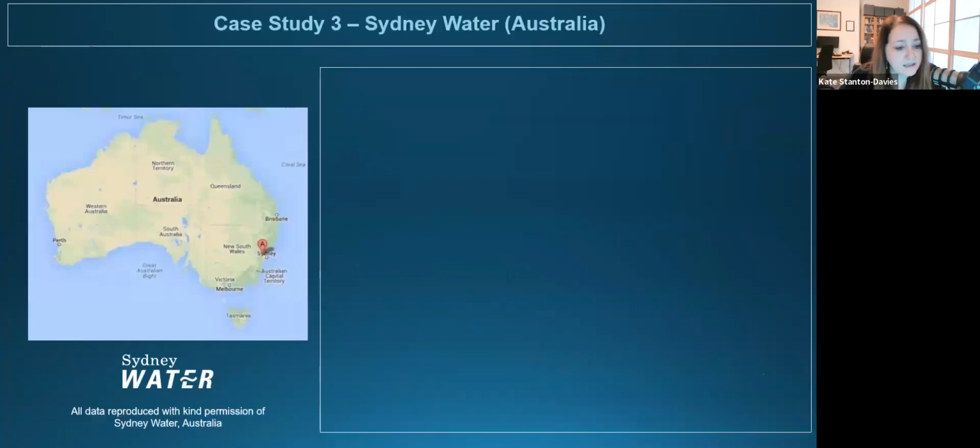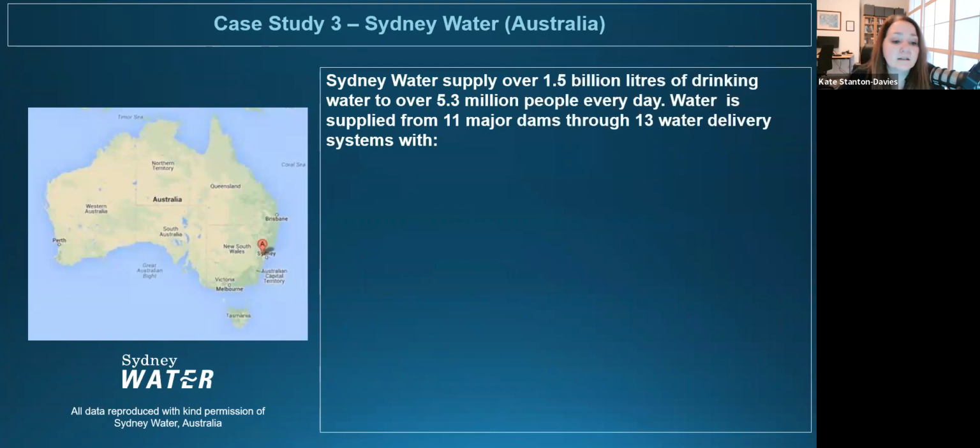The final case study is for Sydney Water in Australia, which supplies over 1.5 billion litres of drinking water to over 5 million people every day.